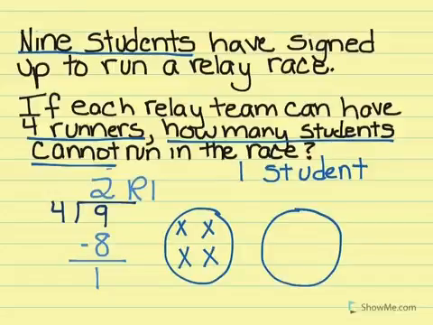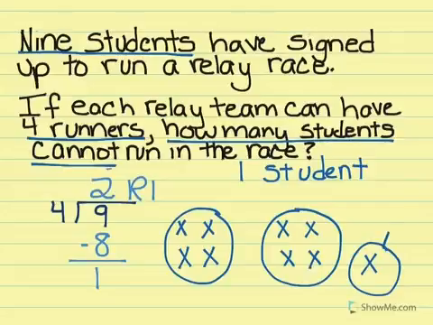Those 4 are on a team. 5, 6, 7, 8. Those 4 are on a team. So I have 2 relay teams, but there's 9 students. So I have 1 person left, and that is our 1 student. That is our remainder that cannot run in the race.